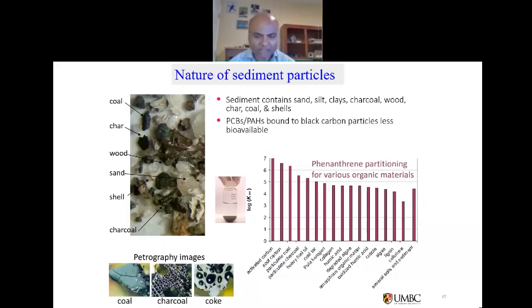When you look at how strongly these hydrophobic chemicals bind to these different components, we find that the black carbon component, the charcoal, the coke, and the coal, have nearly 2-3 orders of magnitude stronger sorption for these chemicals than natural organic materials. So in this early work, we've finally found the reason why some sites tend to bind these chemicals strongly, and we found that those sites tend to have more of this black carbon. So if you can go to the next slide.